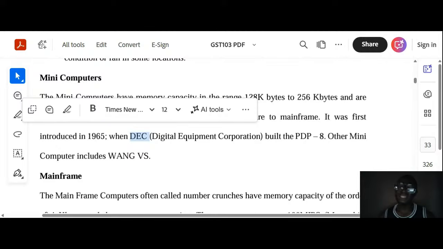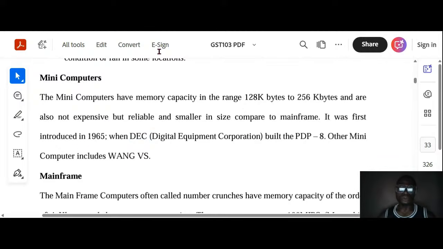Don't say somebody has written it. Write your own. It will help you to remember tomorrow. Now it was introduced. Okay, I have another question. That is another question for you to answer.